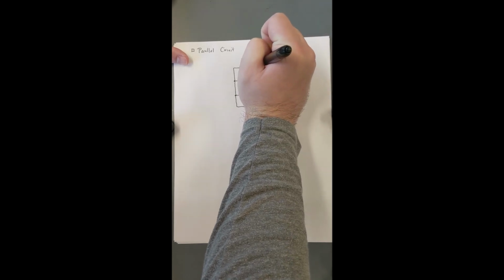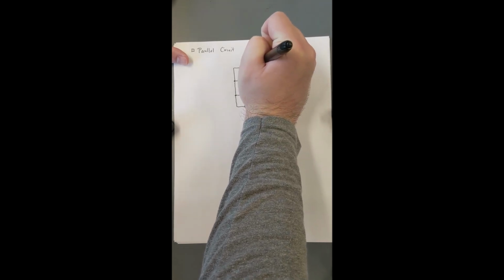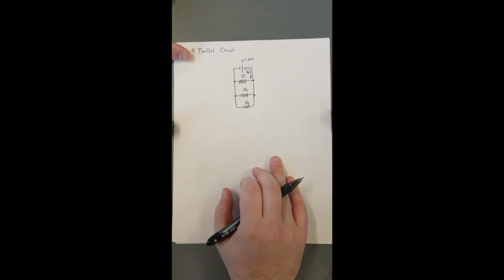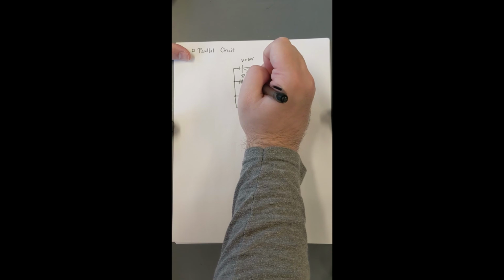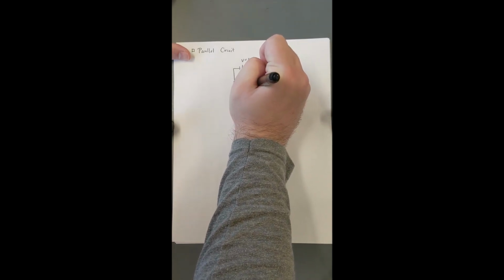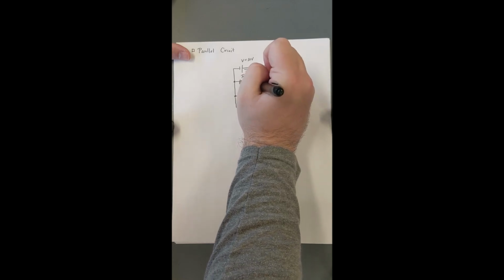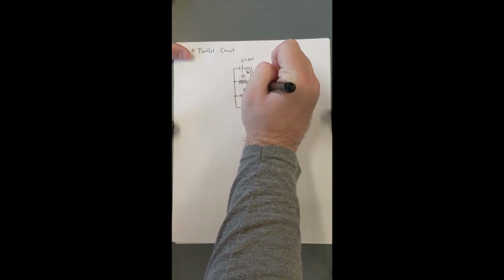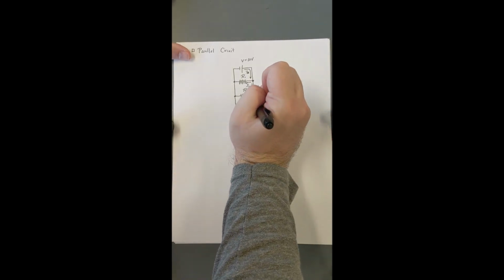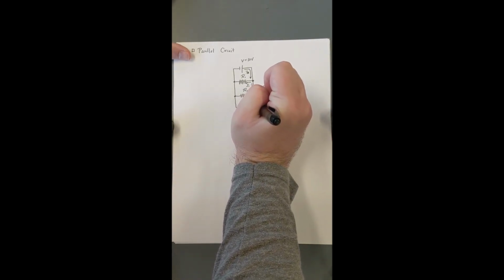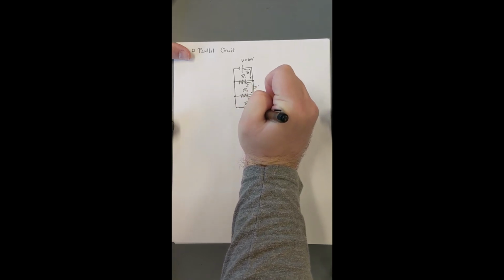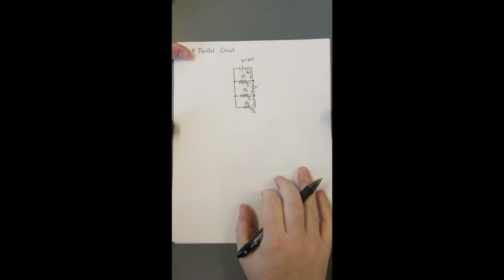And so we'll have a current coming out that we'll just call I sub P, I sub P for parallel. And that total current will split off into I sub 1, which will be supplied to resistor 1. And then we'll have another current, let's call it I prime for right now, that will be supplied to resistor 2 and resistor 3.